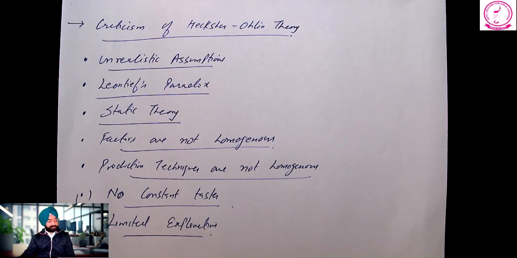It assumes two countries producing two goods, having two factors of production. But according to modern economists, there are more than two countries, more than two factors, and more than two goods produced by the countries involved in international trade. So they are unrealistic assumptions.